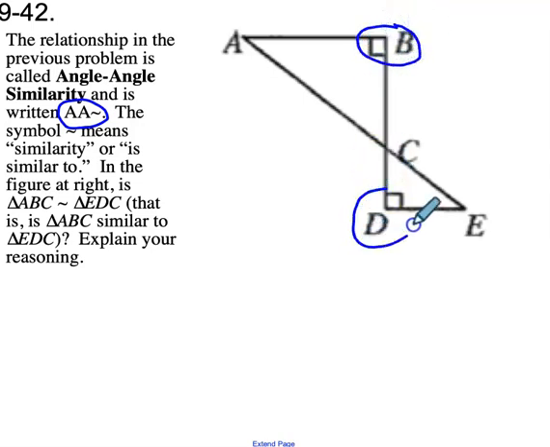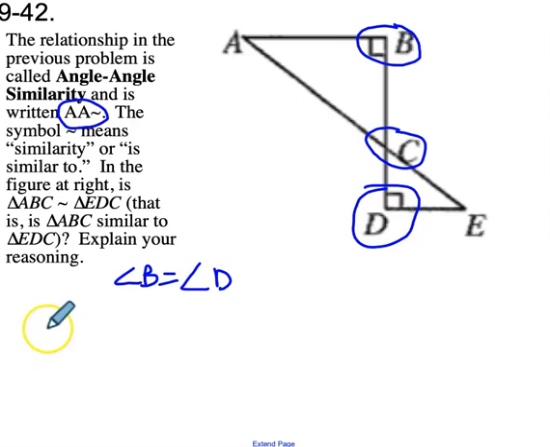We know that this is 90 degrees. So if I start to explain my reasoning, I know that angle B is equal to angle D. They're both 90 degrees. Well, we don't know what A and E are, but let's look at C.